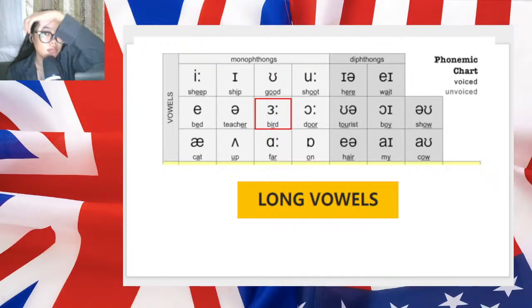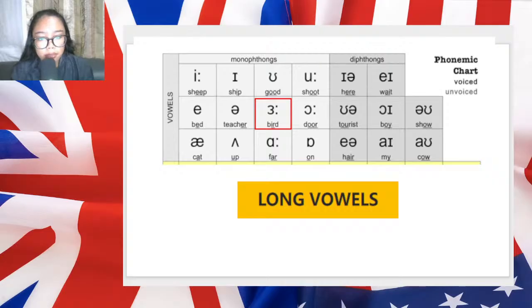Okay? How to produce this particular long vowel sound? First, we will talk about its mouth position. Your mouth here is relatively neutral, not too open, not too closed, just in between. Okay, take note of that.